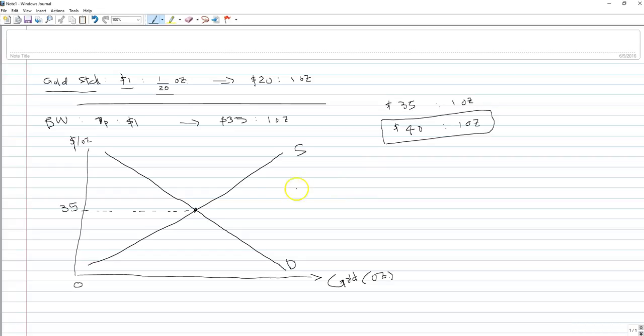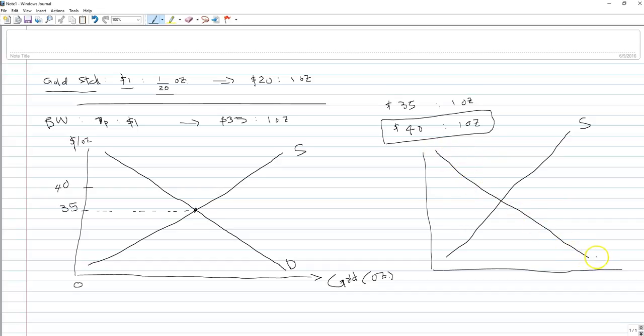That is a dollar depreciation, or conversely, a gold appreciation. So what happens is, in the market, in the exchange of gold and dollars, the equilibrium actually occurred at a higher price. And that price, hypothetically, I'm putting 40.